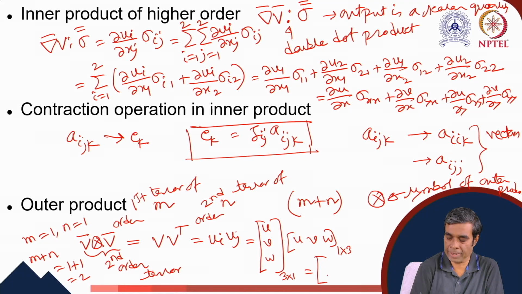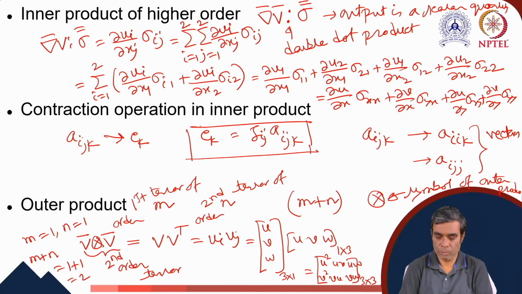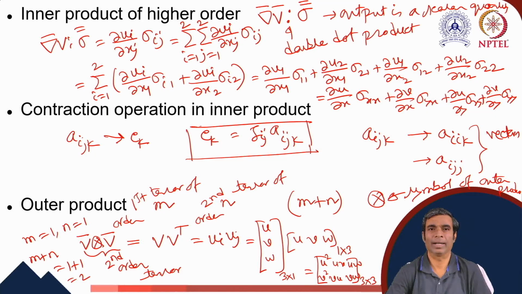This will give us a matrix of order 3 by 3. So this gives us U square, UV, UW, V square, VU, VW. Here I mentioned that when we take the inner product of two tensors of orders m and n, the output is a quantity of reduced order m plus n minus 2.